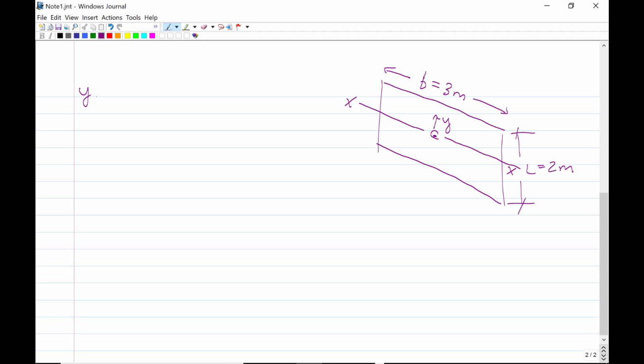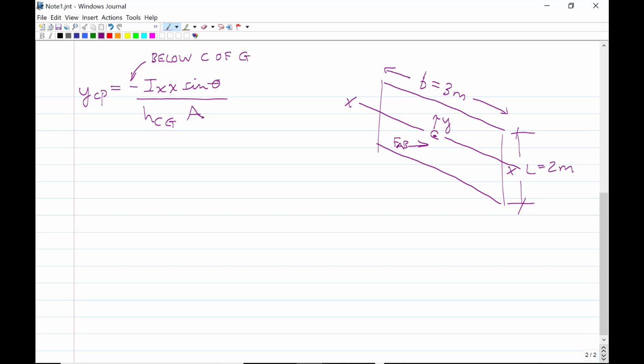And we showed in the previous derivations that yCP, the y location of the center of pressure relative to the centroid, is minus I_xx sine theta over h of the center of gravity times the area of the gate. And remember, this negative sign is telling you that the force is going to act below the center of gravity, which is the center of area.